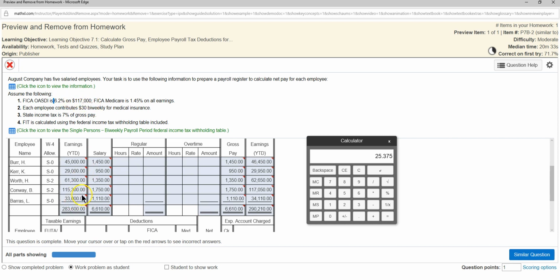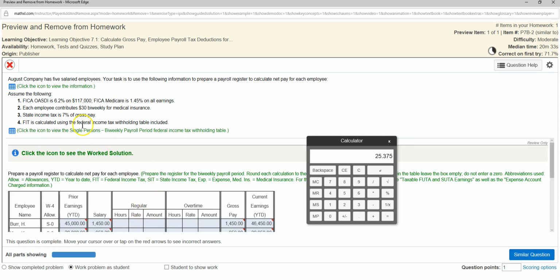And the only place that we had to be careful was with Conway, who earned over $117,000, and you recall we taxed that which took him up to the $117,000 by subtracting 115.3 from the 117. You could go back to the first part of the video to see that again.